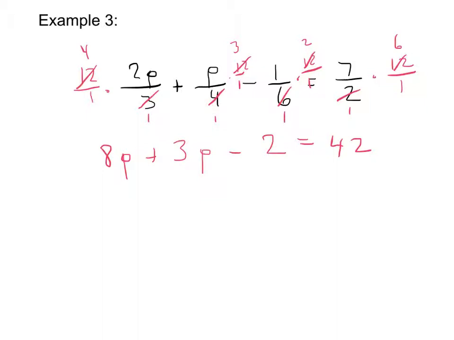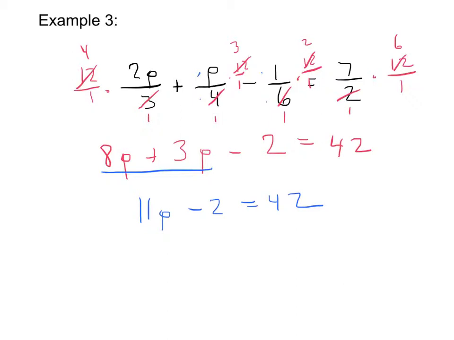Okay. So next, we've got to combine like terms. I'm going to take this 8p and 3p, that's 11p, minus 2 equals 42. Look how easy the problem becomes as soon as we get rid of those denominators. I don't have to deal with the fractions there. Again, nothing wrong with dealing with fractions. I could have gone up here and multiplied this times 3, and this times 3, multiply this times 2, and this times 2, get 12 in all the denominators.